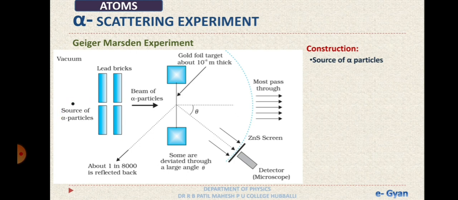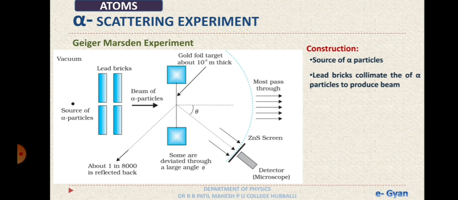Then we have a source of alpha particles from where the alpha particles begin. These alpha particles are collimated using lead bricks, and the alpha particles are now converted into an alpha particle beam.